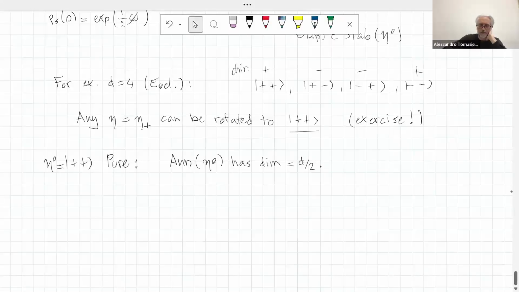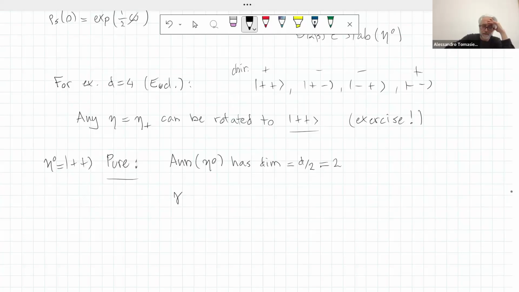Why is this true for this theta 0? So this is the general definition. The spinor is called pure whenever the annihilator has dimension d over 2. In this case, d over 2 is just 2 because we are in d equal 4.